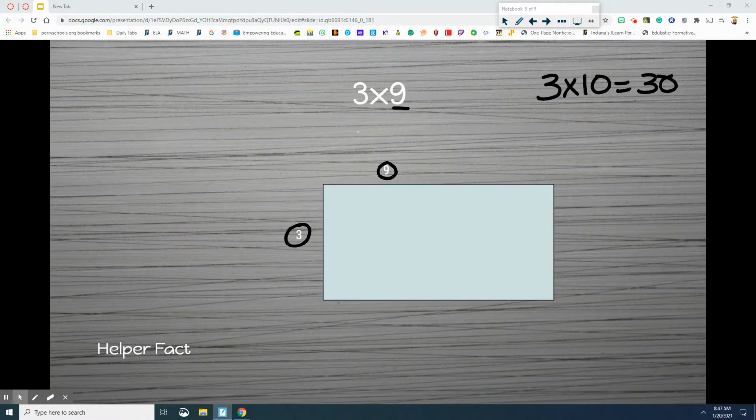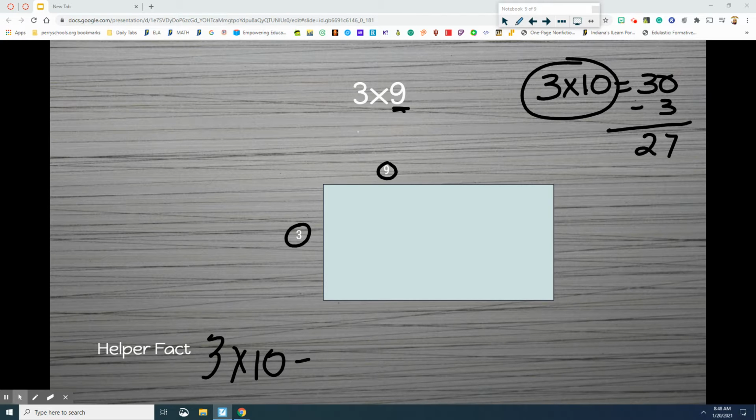And when I look at this, I have 3 groups of 10, but I need 3 groups of 9. So I'm going to have to look at it as I'm getting rid of one of my 3s. So I don't have 10 3s, I have 9 3s. So I'm going to take away 3. 30 minus 3 is 27. My helper fact is the 3 times 10 equals 30.